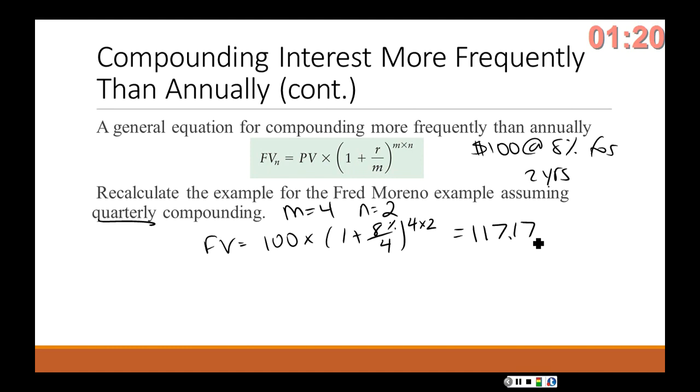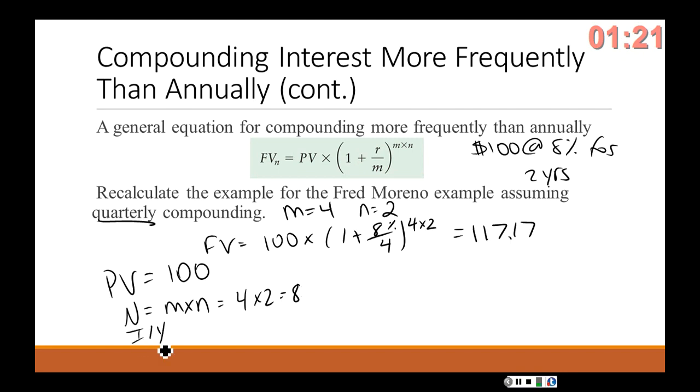Alternatively, you can do this in your calculator. So the present value we leave alone, it's $100. N, the number of periods, is now equal to m times n. Compounding periods times number of years. That's 4 times 2, which is 8. And the interest is the stated rate divided by the number of compounding periods per year, so 8 over 4, which is 2.